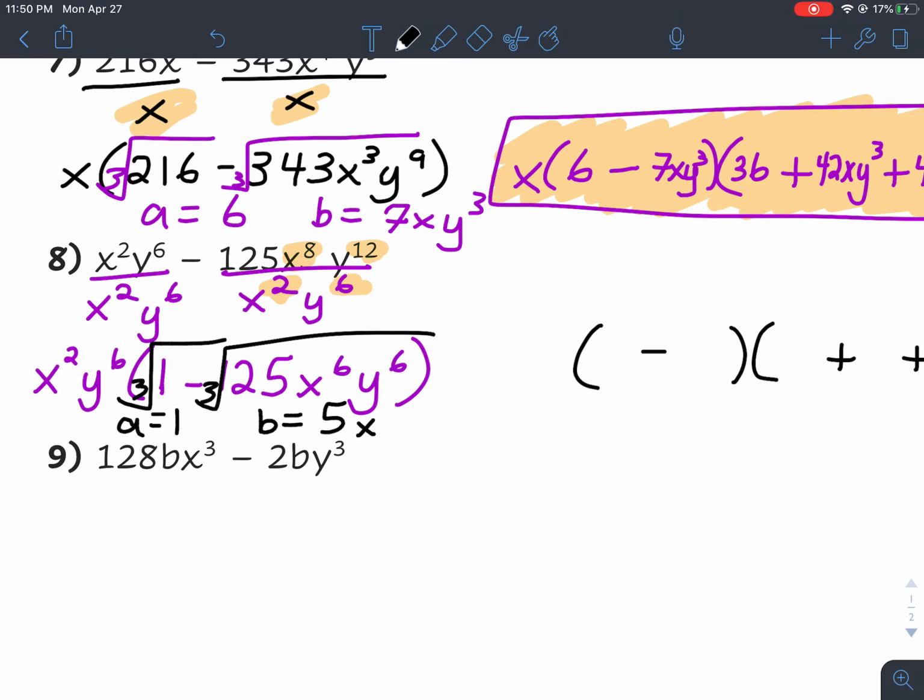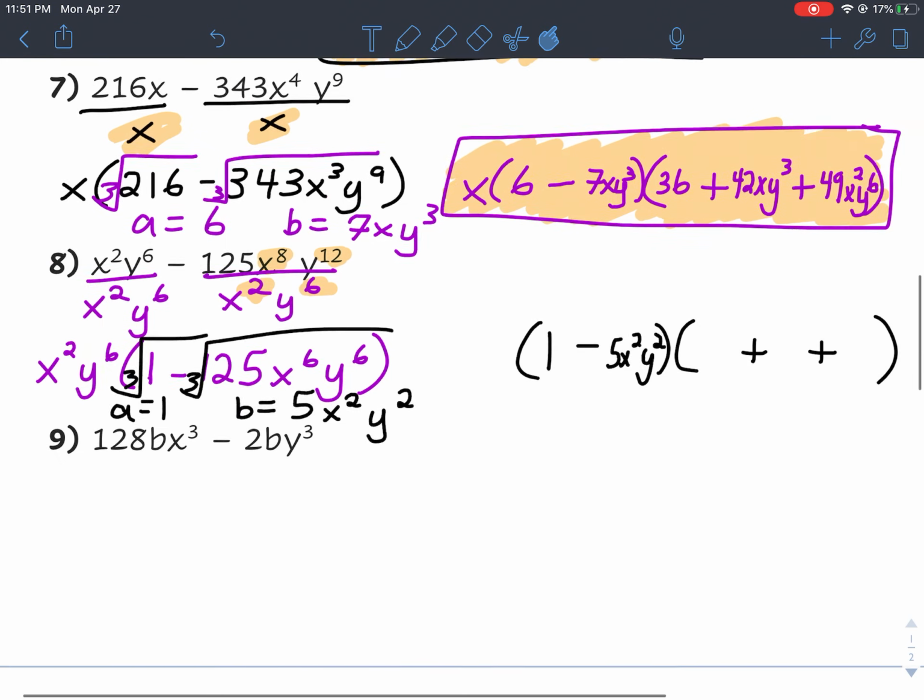And then just divide your exponents by 3. 6 divided by 3 is 2. 6 divided by 3 is 2. And now we can plug them in. So don't forget to get a and b first, before you substitute it in. I've seen people in the past just plug in what they have from the original problem. Make sure you take the cube roots first. So a and b.